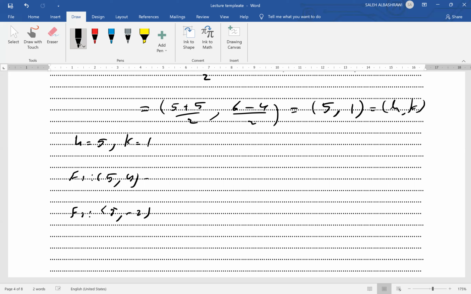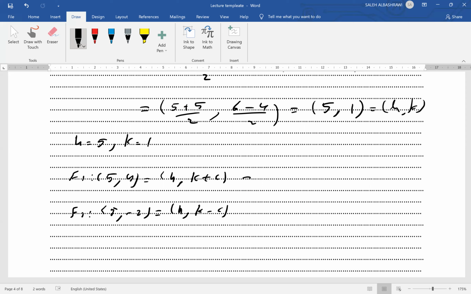But we know that, since this is a vertical ellipse, the foci are given by h and k plus c, and h and k minus c.